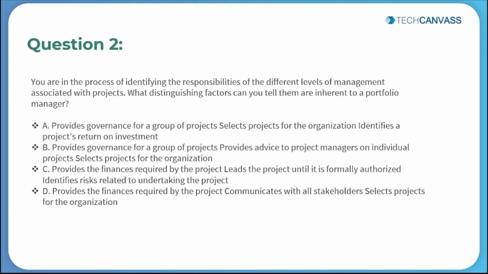The third option is provide the finances required by the project, leads the project until it is formally authorized, identifies risk related to undertaking the project. The fourth option here is provide the finances required by the project, communicates with all the stakeholders, and select projects for the organization.